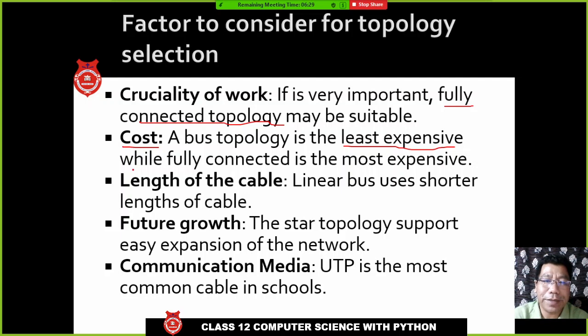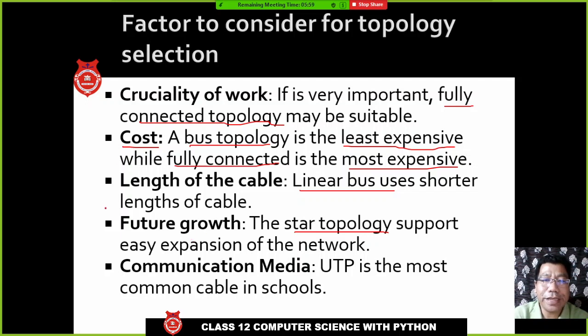Bus topology is the least expensive, but fully connected mesh is the most expensive. And if the cable length is a problem, you have to choose linear bus, which uses shorter cable length. But if you are thinking about the future growth of your computer network, you may choose star topology because it supports easy expansion.